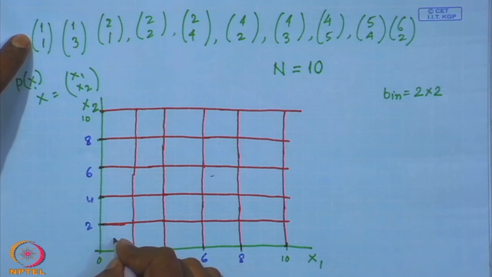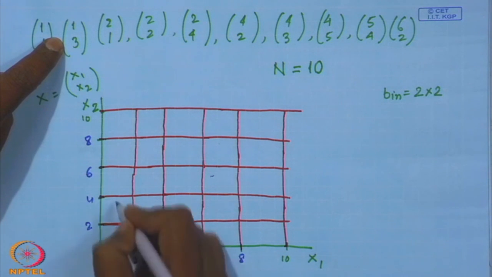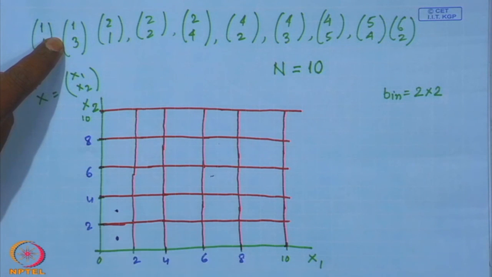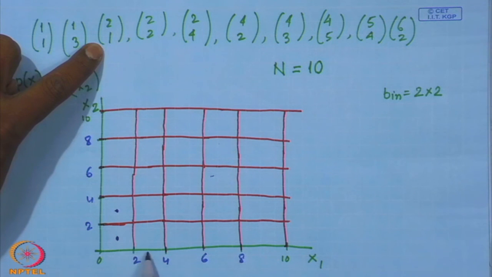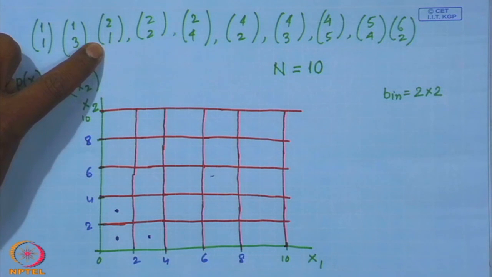So, (1, 1) is a point somewhere over here, falling within this bin. (1, 3) is a point somewhere over here, falling within this bin. Similarly, (2, 1) is a point over here, falling within this bin.